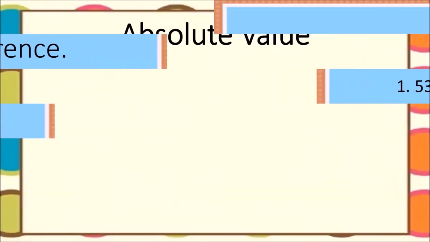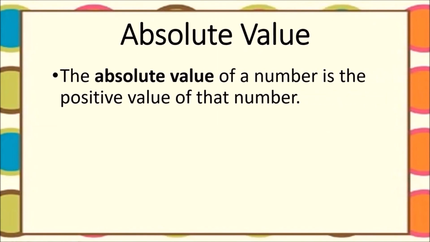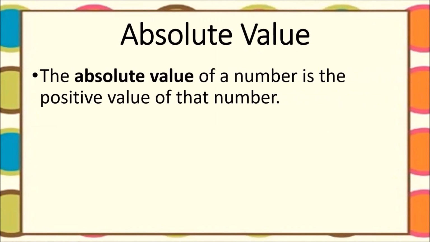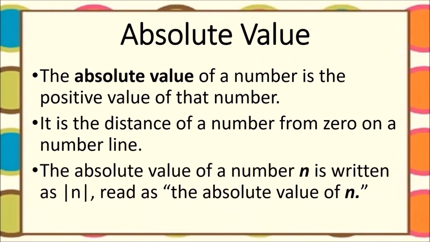Now, balikan po natin ang ating lesson for this week about absolute value. The absolute value of a number is the positive value of that number. It is the distance of a number from 0 on a number line, and the absolute value of a number n is written as this symbol and read as the absolute value of n.